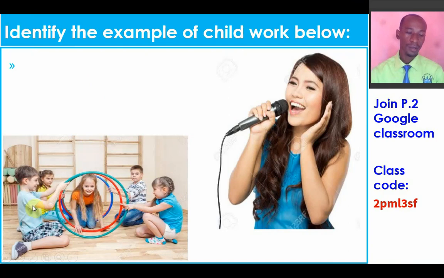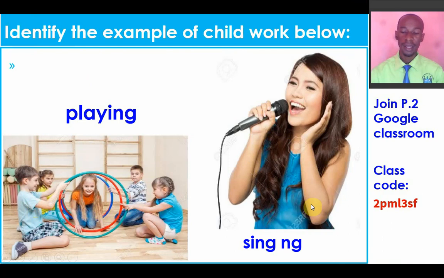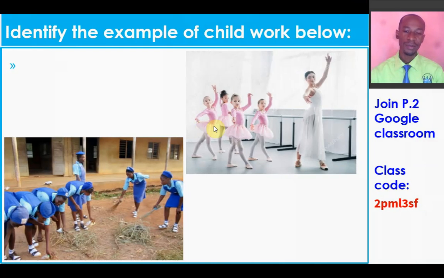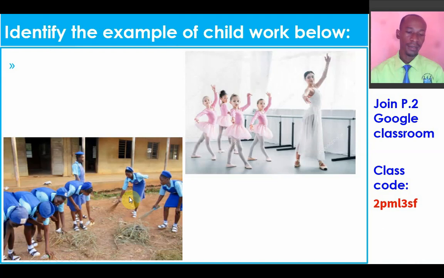Next, identify the example of child work here. So here we see these children playing. Then in the second picture here, we see this girl singing. Next, we have these girls. What are they doing? They are sweeping. Sweeping what? Sweeping the school compound.